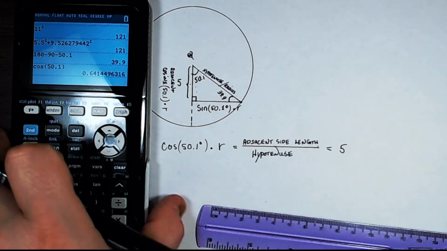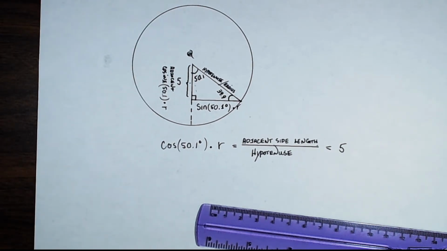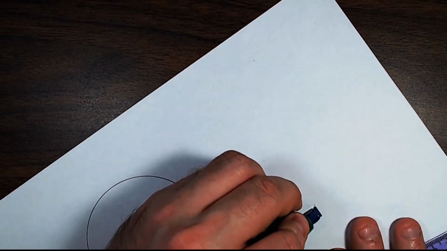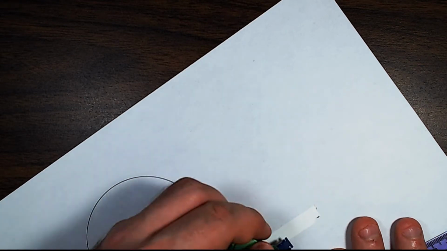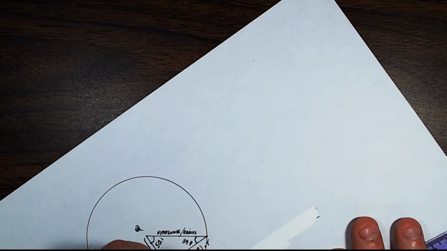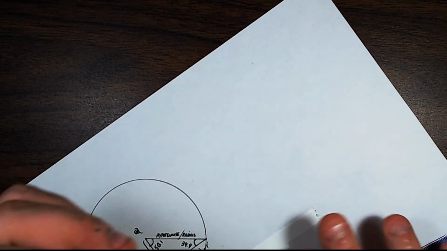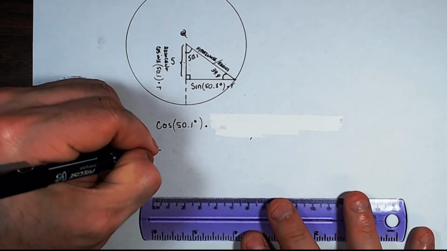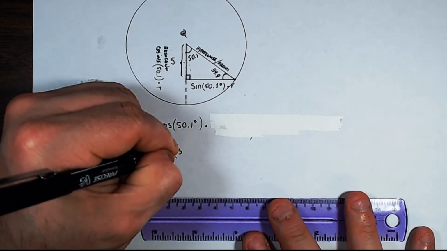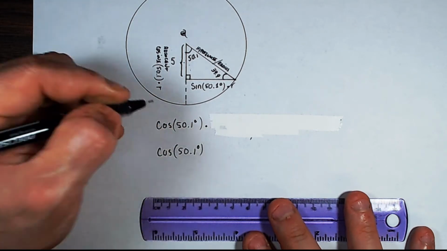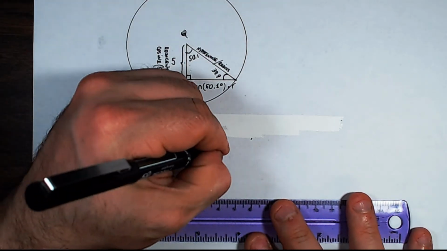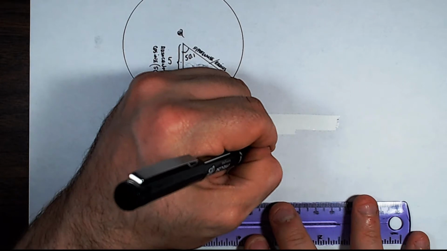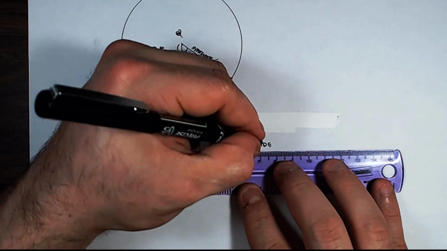I see. This is my problem here. So let me write this out correctly, because I confused it. My fault. Moving too quickly. Okay, cosine of 50.1 degrees is going to equal the adjacent side length over the hypotenuse.